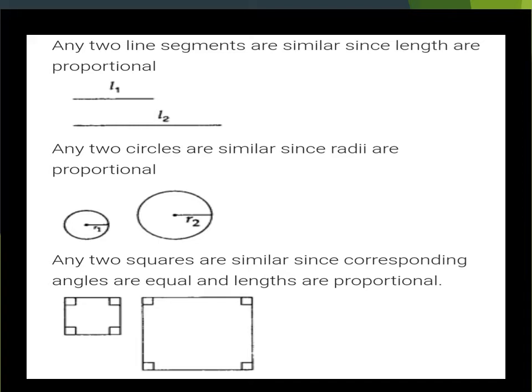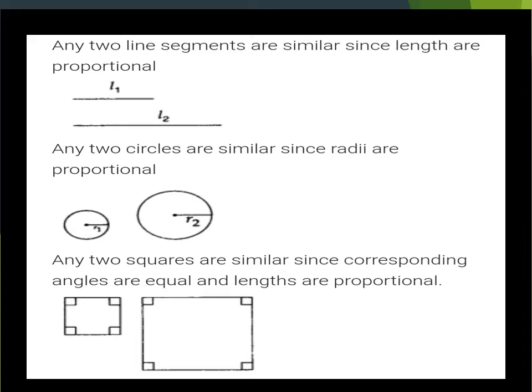And the second example is that of circles. Can all circles be similar? Yes, they can be similar. If you consider any two circles, they will be similar because the first circle will have its own radius, and similarly the second circle will have its own radius. Unlike a line segment, you don't have only one radius here, isn't it? You have many radii inside a circle.